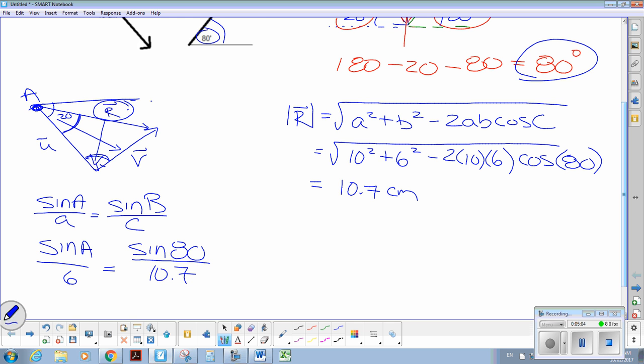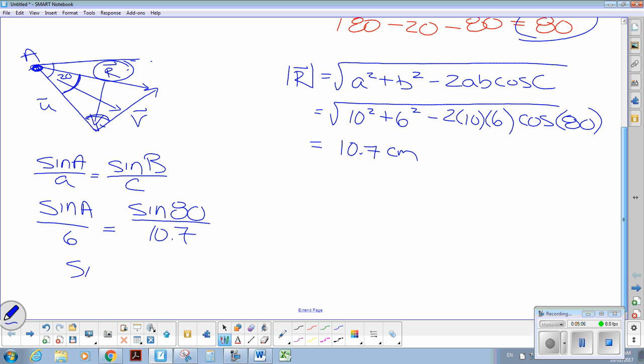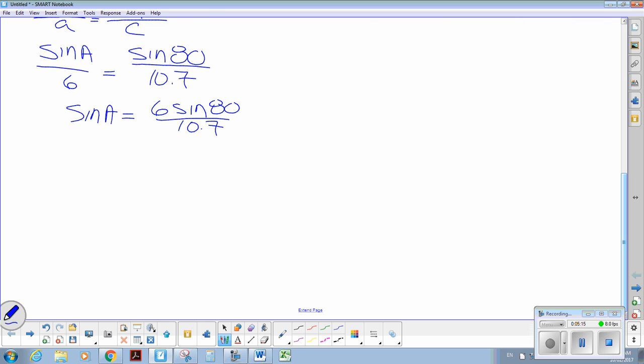Now I'm going to solve for angle A, and I might be adding extra steps in here, but I want to make sure everyone can follow what I am doing. So angle A equals the sine inverse of 6 sine 80 divided by 10.7, which gives an answer of 33.5 degrees.